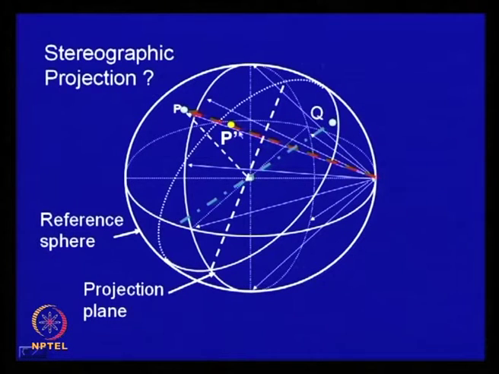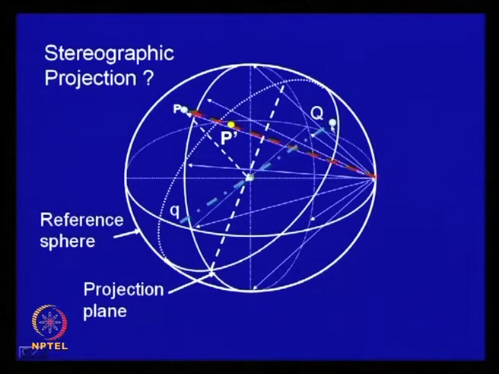Now, the problem comes that if we take a projection like this, we can project all the points in the part of the hemisphere which is away from the source of light. What happens to the points or poles which appear in the hemisphere which contains the light source? Suppose this example is taken here. How do you represent the point Q?